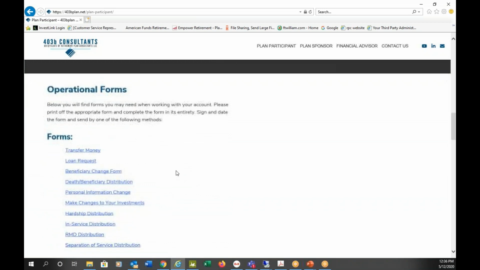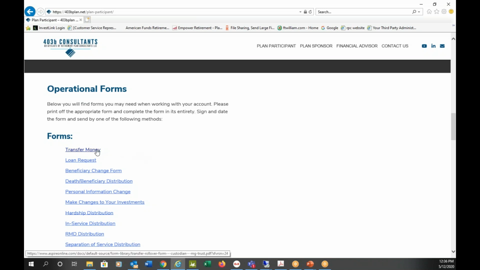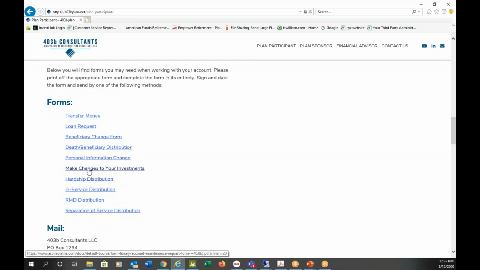Additional forms that they may need along the way are under operational forms, such as rollover form to transfer money into their 403B, take a loan, change or update their beneficiary, take a distribution of any kind, personal information change, such as address or name changes, and make changes to their investments.